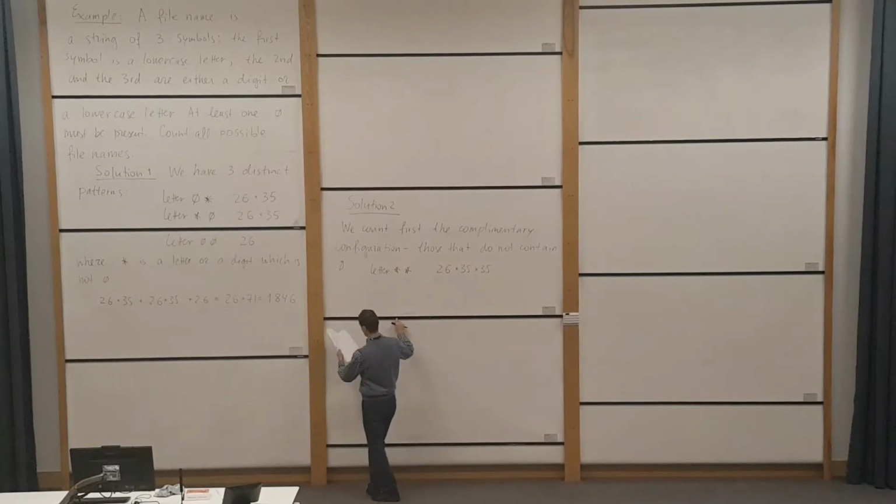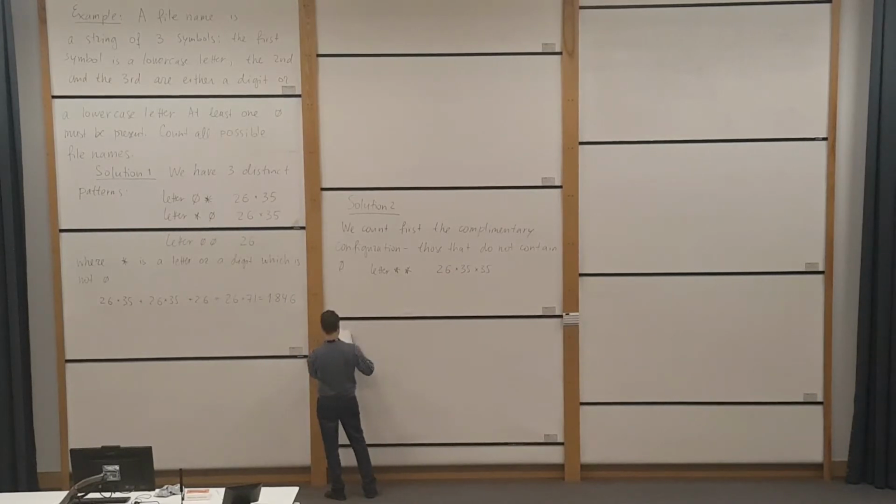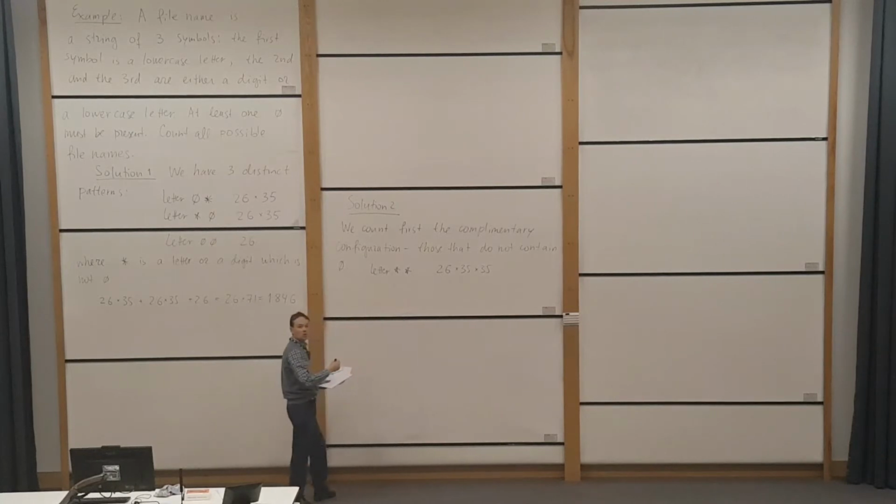And then, well, we subtract that from the number of all file names with no condition on the zeros at all.